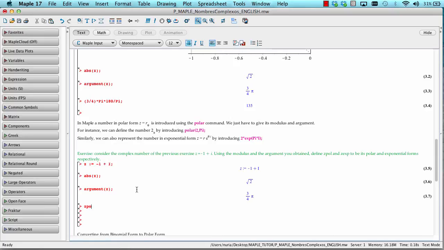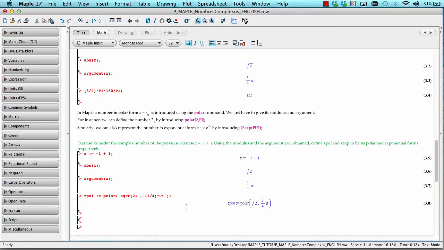So the polar form is going to be polar, magnitude square root of 2, Control C, Control V, and the argument, okay?